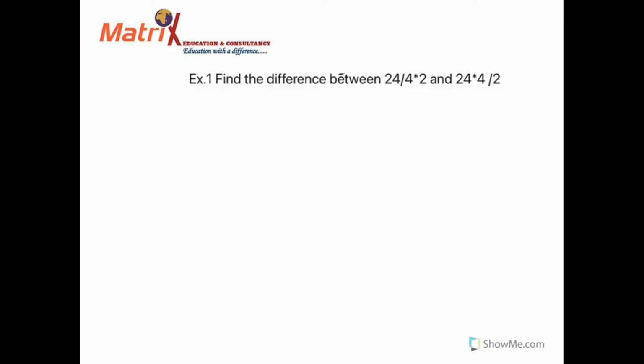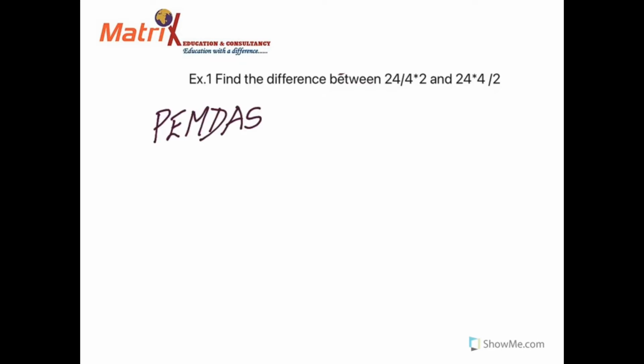I have an example on the board similar to the kind of question you normally get in the Math Olympiads. It says find the difference between 24 divided by 4 times 2 and 24 times 4 divided by 2. So we use the concept of PEMDAS.